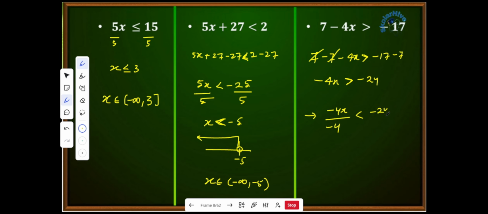The same thing we have to perform on either side. Minus 4 cancels, so x less than, minus 24 divided by minus 4 is 6. So the values of x are less than 6. We can write in interval form as minus infinity to 6, open over here, because this point is not included.